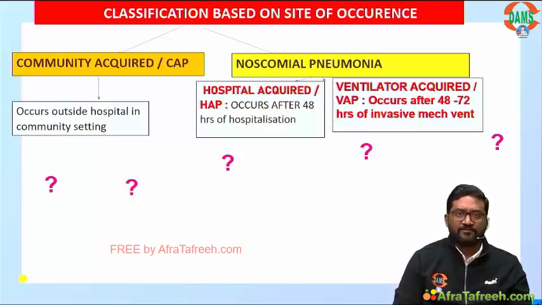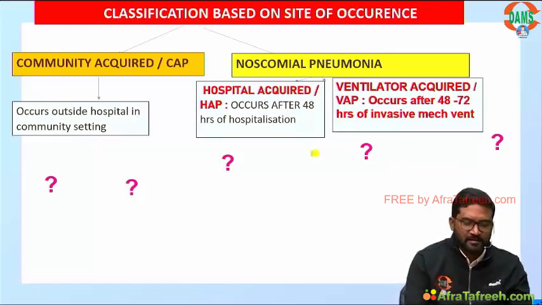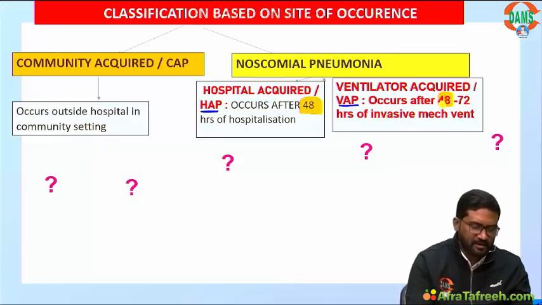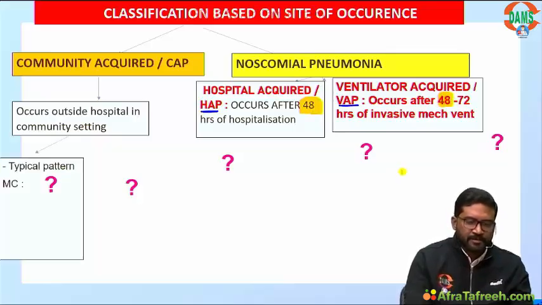If it is associated with a ventilator, that too invasive mechanical ventilation, it is called VAP. If it is outside the ventilator, it is called simple HAP. So here the keyword is 48 hours.